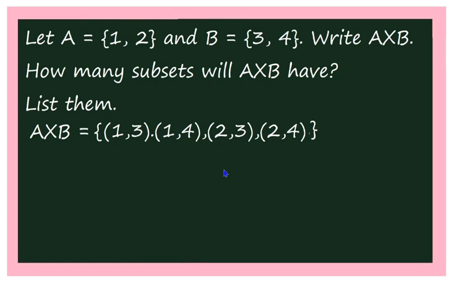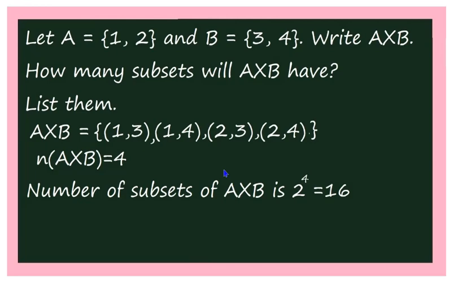Here there are 4 elements in A cross B, so the number of subsets of A cross B is 2 to the power 4, which is equal to 16.